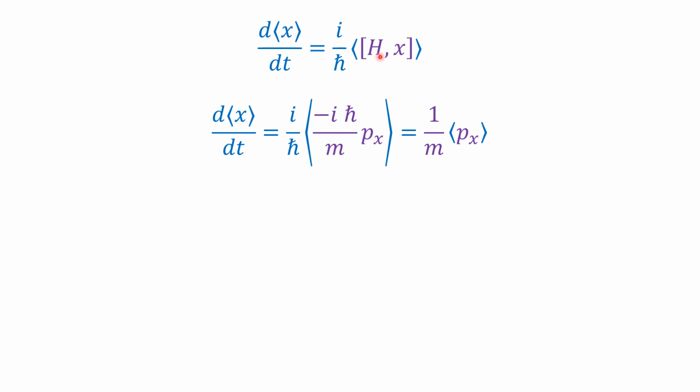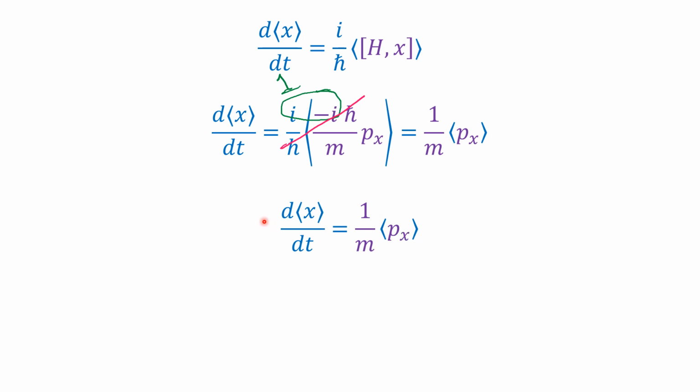So now, i times minus i will become 1, and similarly h cross and h cross will get cancelled. Only 1 over m remains, and since it's a constant, you can take it out, times the expectation value of px. Hence we have shown that the time derivative of the expectation value of x is equal to 1 over m the expectation value of px.